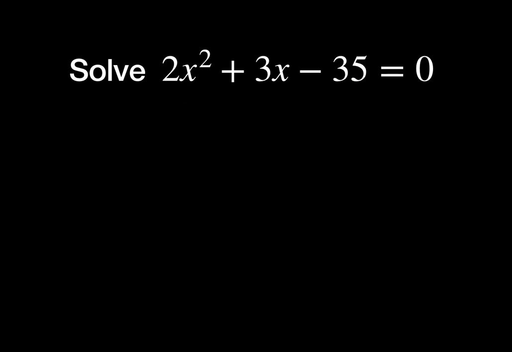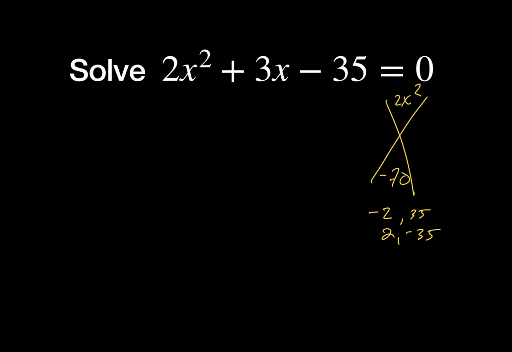And for practice, 2x squared. Down here is negative 70. 2 times negative 35. And then I'm trying to think of 2 numbers that multiply to negative 70. I just did 2 of them, right? Negative 2 and 35. 2 and negative 35. Do those add up to 3? No. They add up to like something 30.